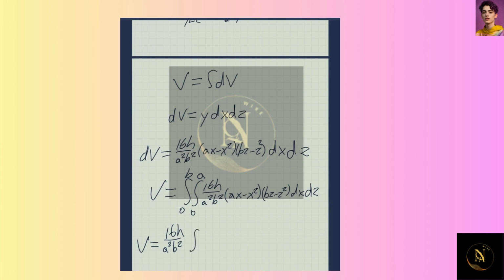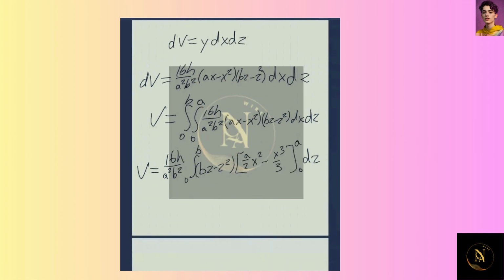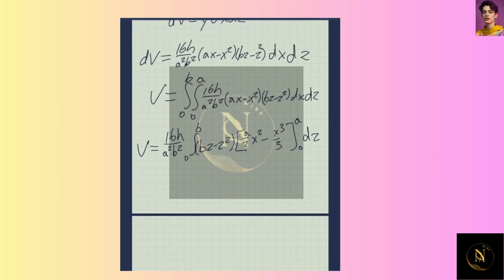Now solving the first integral, we're left with the constant 16h over a squared b squared on the outside of the integral, times the integral from 0 to b of (bz minus z squared) times (a over 2 x squared minus x cubed over 3) from 0 to a dz.